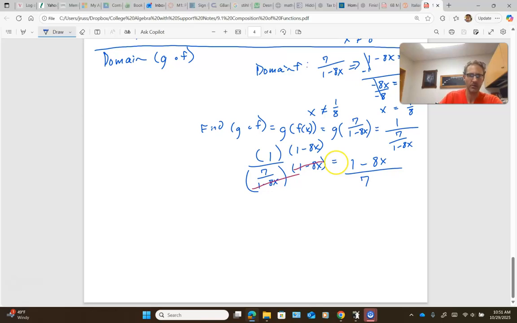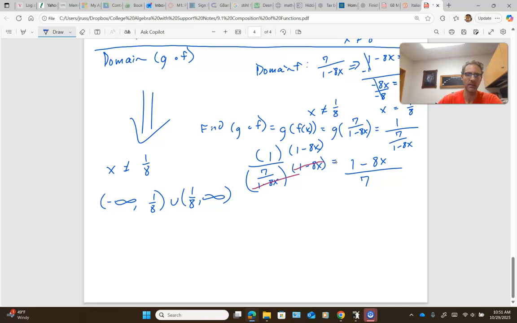Okay, so to find the domain then, x cannot be equal to 1/8. So to write this in interval notation, we're going to go from negative infinity up to an 8th, and then we're going to go from an 8th all the way to positive infinity. Again, in other words, we're just taking an 8th out of the domain. So that composition, or this new function here, it'll take anything except 1/8.